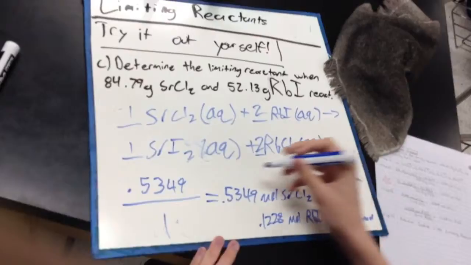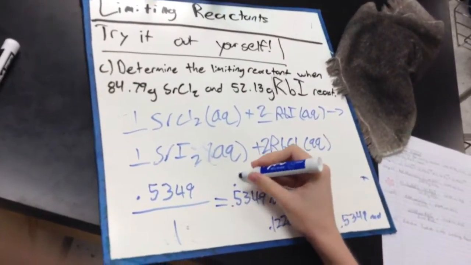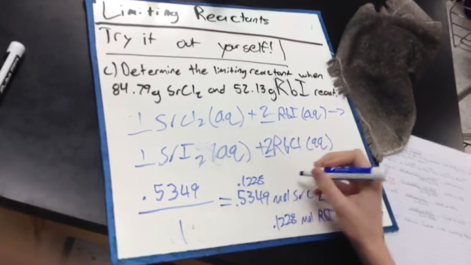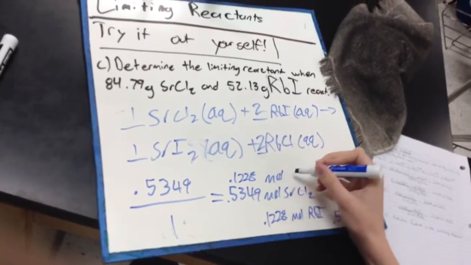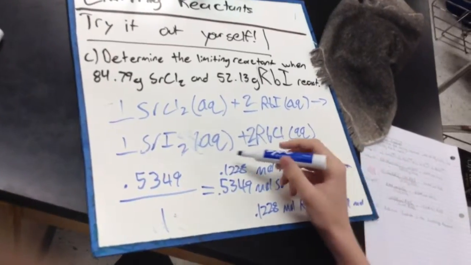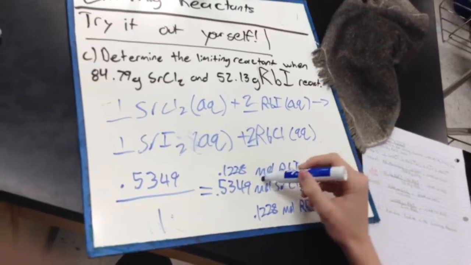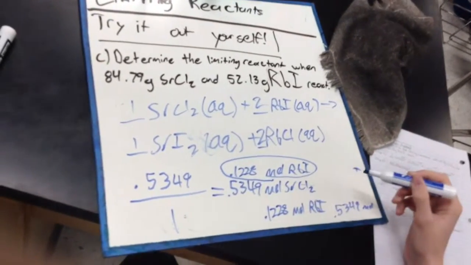And again, the value that we got for the rubidium iodide was 0.1228 moles, and the limiting reactant is whichever one has the lower value. So here we can see that the rubidium iodide has the lower value, so that is the limiting reactant.